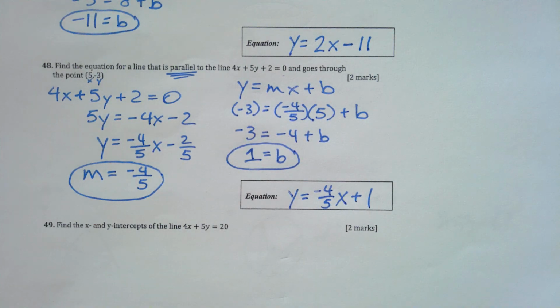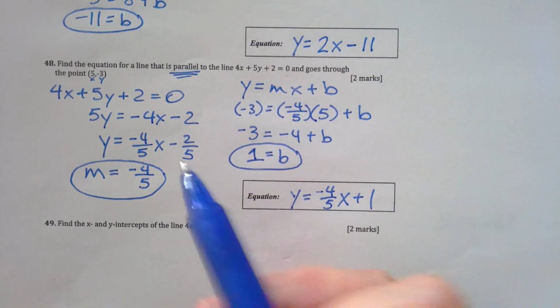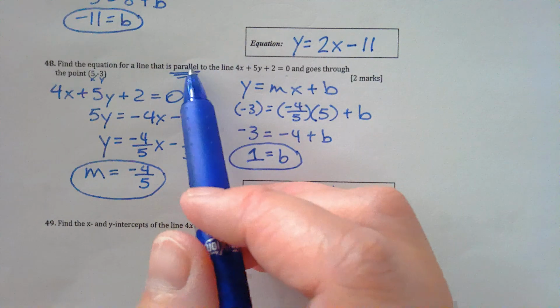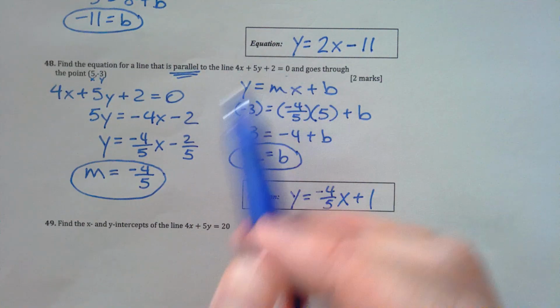Good. All right, but let's follow along as well so that you're not caught off guard. Oh, this doesn't matter because all I want is the slope out of this. So I don't care about the y-intercept.